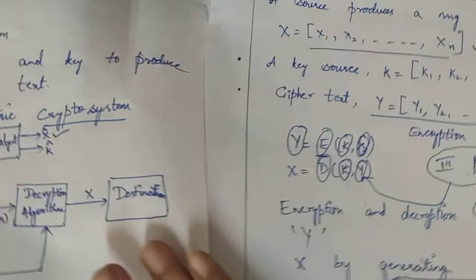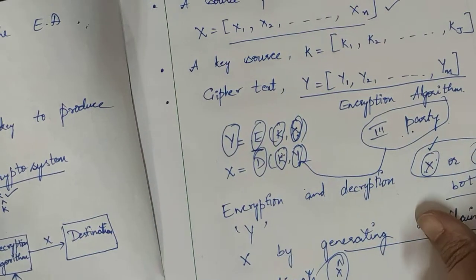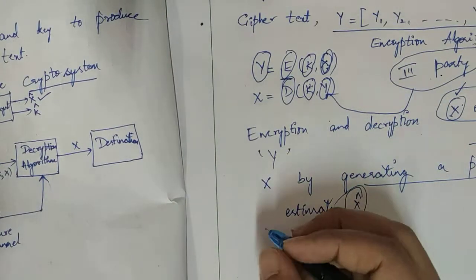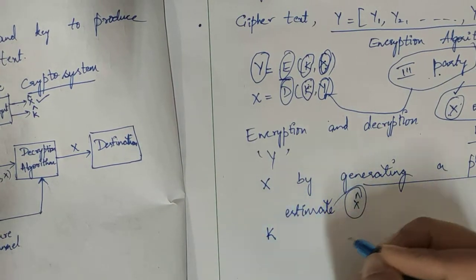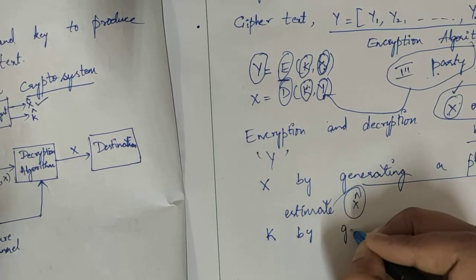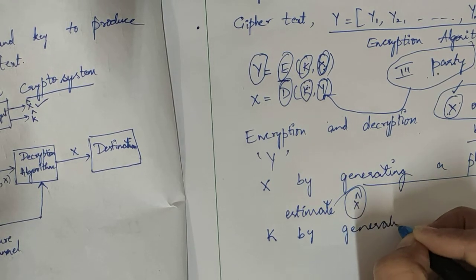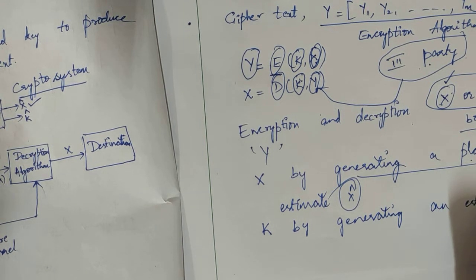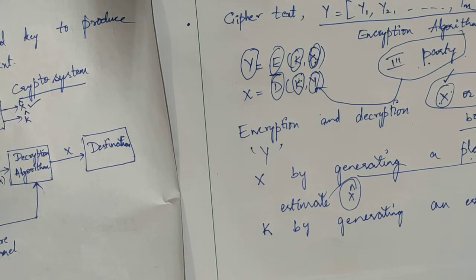Similarly he can do one more thing. If he wants to know the future messages also, he has to recover K by generating an estimate K cap, right?